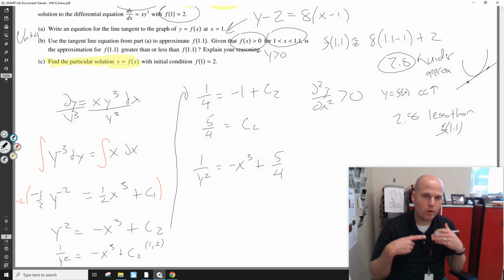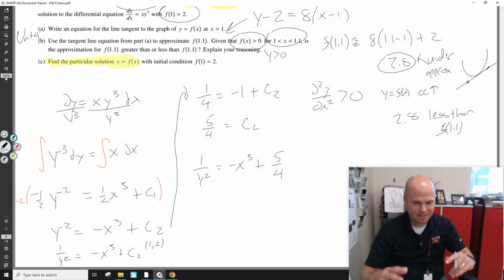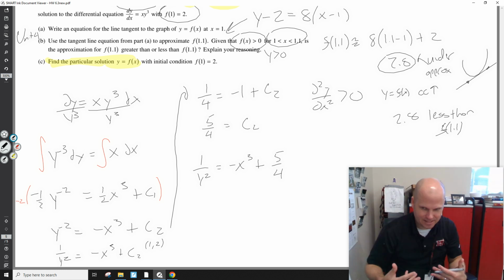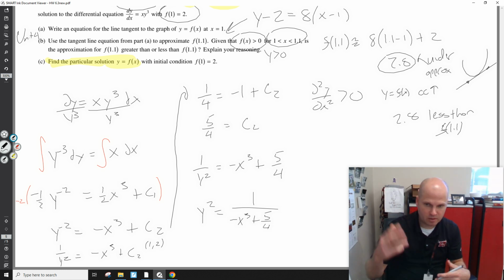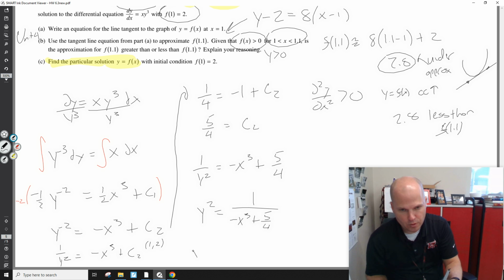Flip both sides, square root both sides, but we only want the positive half of things, because when I plug in 1, I need to get positive 2. Completely flip it. If you want to multiply everything by 4, go. Square root both sides. Think about the plus or minus that will show up. But when I plug in 1, I better only get positive 2.